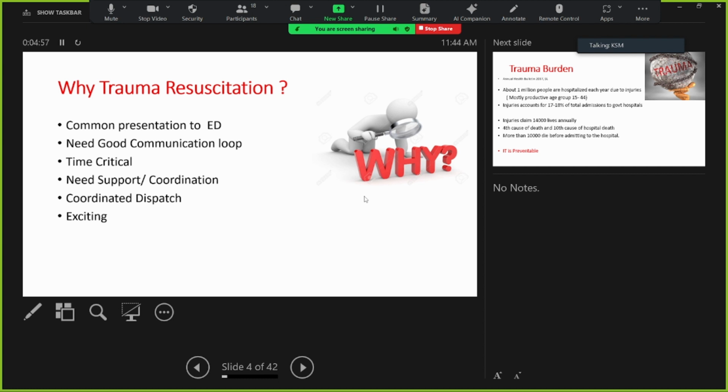It's a collective decision, a combined decision from different specialties. Mainly, when it comes to trauma, most of the surgical specialties come into play and make their decisions to prevent the patient's morbidity or mortality, and you have to have very good coordination with the teams as well. Once you stabilize, again you need to coordinate a dispatch.